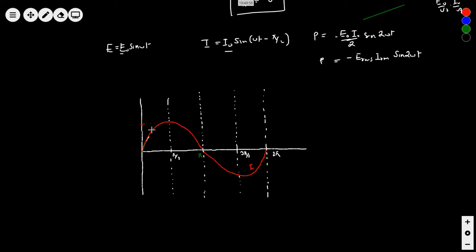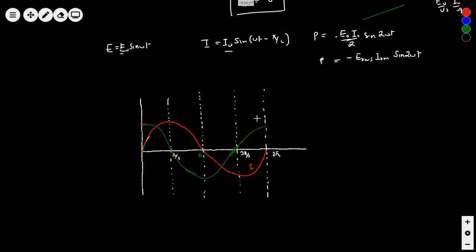It must be starting from here, then here it is maximum, here it is maximum, then it is going from here, going through here, both of their amplitudes being the same.